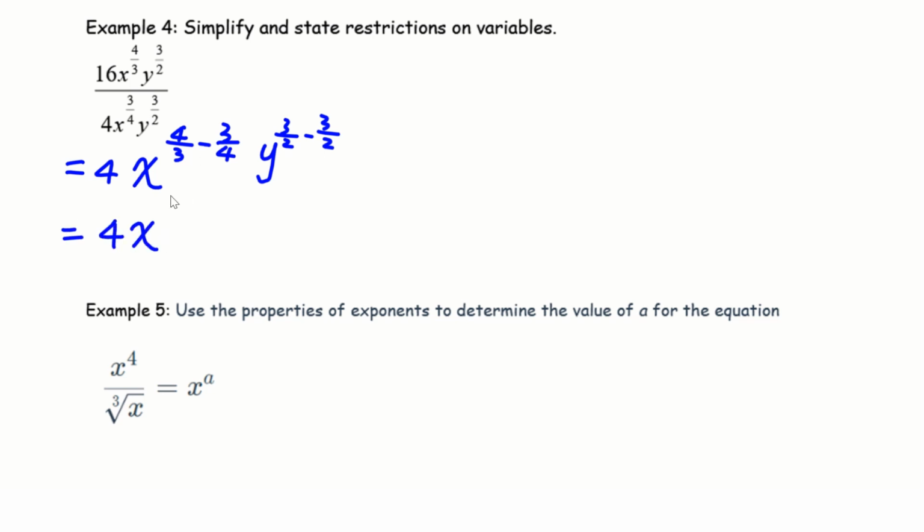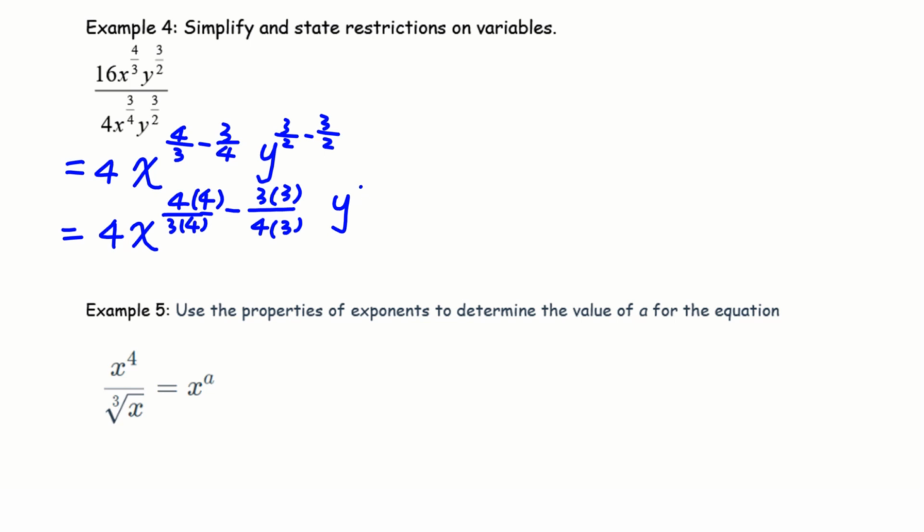So we change them to the same base. It's 3 times 4. Its least common denominator is 3 times 4 is 12. So we times 4 to both numerator, denominator to the first term. Then for the second term, for the exponent, we are going to times 3 to change it to the denominator 12.